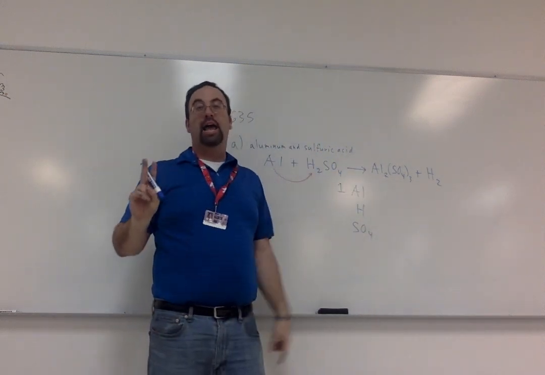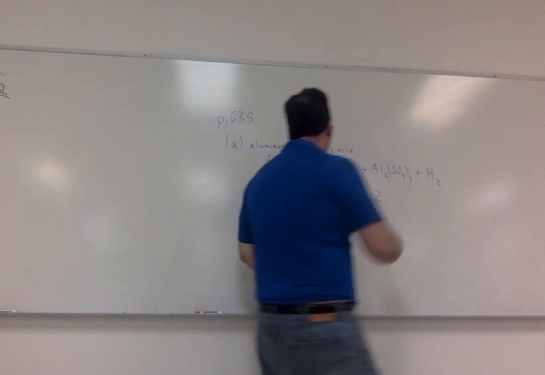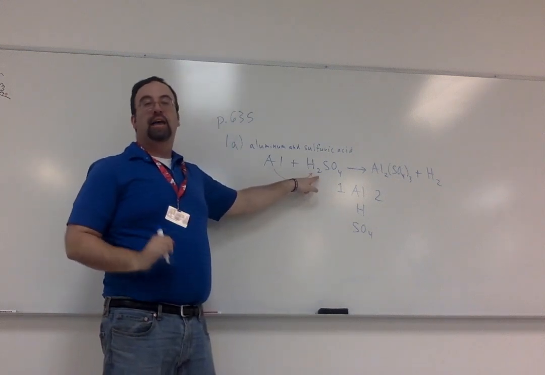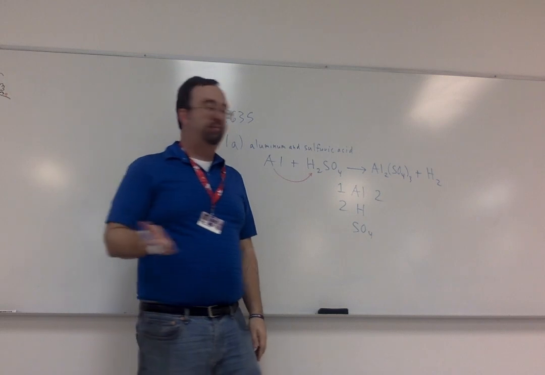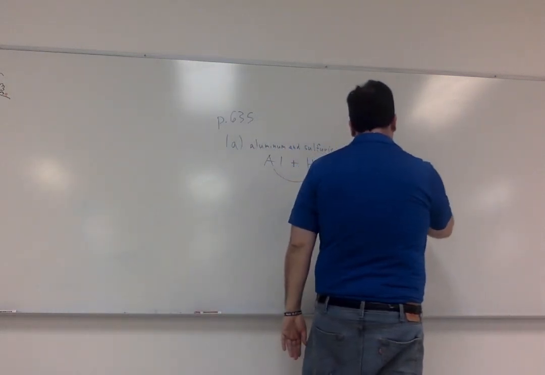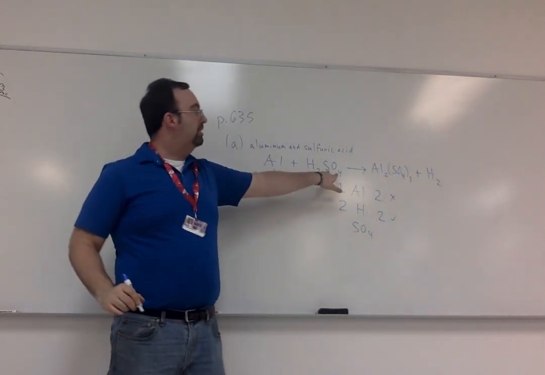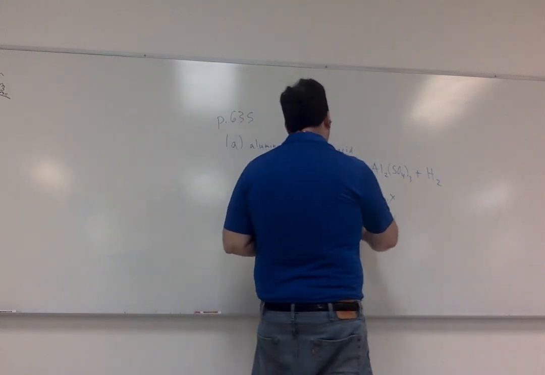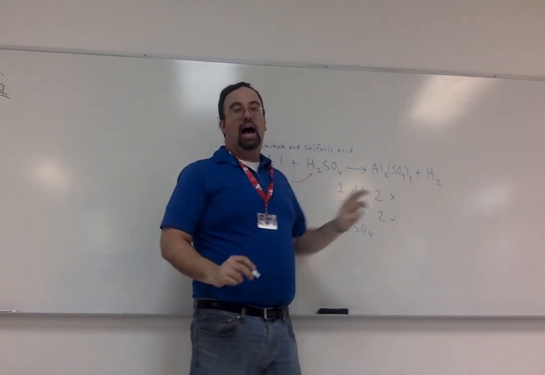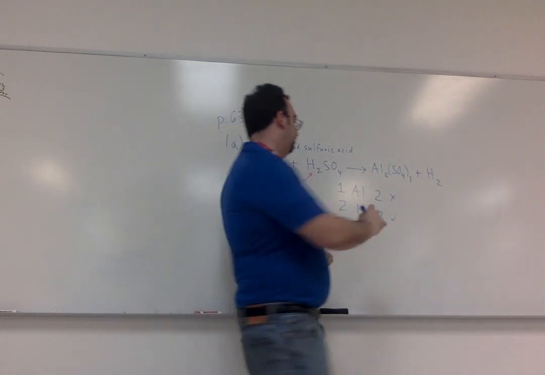On the product side, I have 2. Hydrogen, on the reactant side, I have 2. And on the product side, I also have 2. Sulfate, I'm going to take this together. I only have 1 on the reactant side, but on the product side, I have a total of 3.